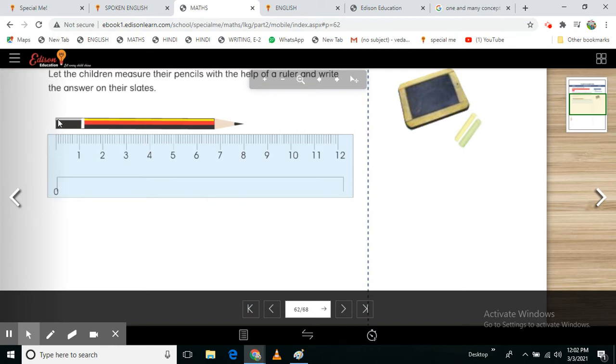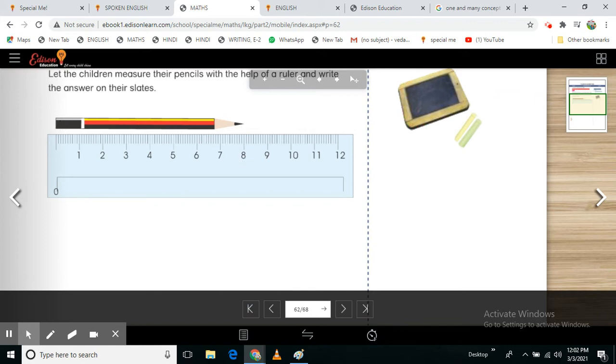You have to place the pencil from the 0 point, then the ending point of the pencil comes at the number 8. It means what is the length of the pencil, how long is the pencil? 8 centimeters, right. So the length of the pencil is 8 centimeters, right. How long is the pencil? 8 centimeters.